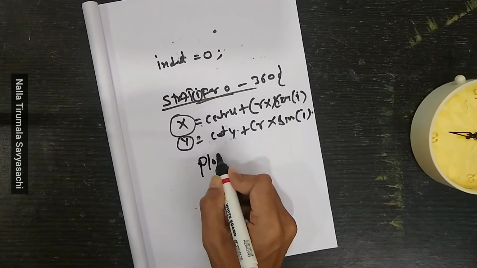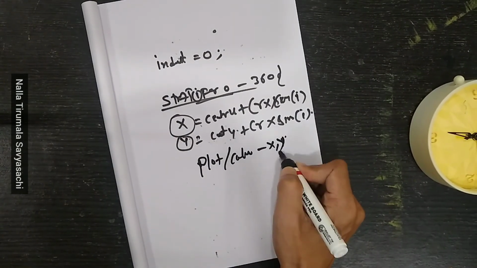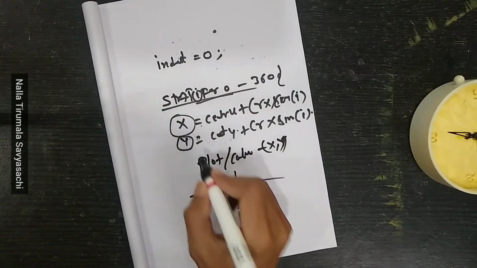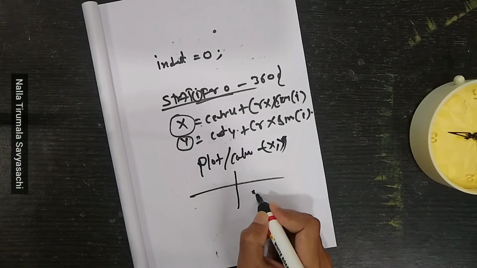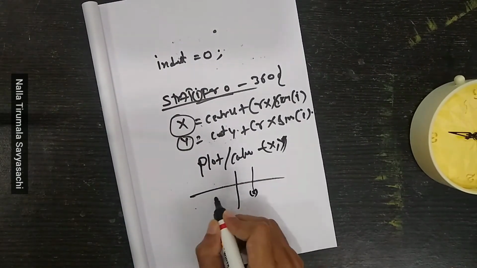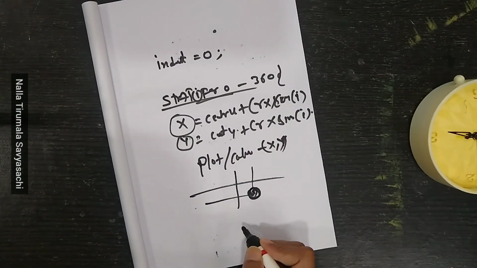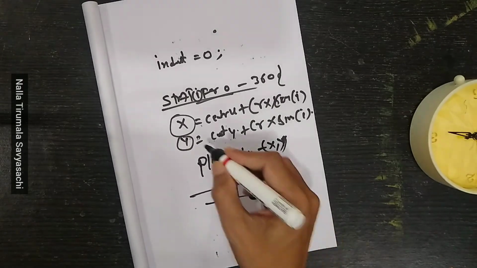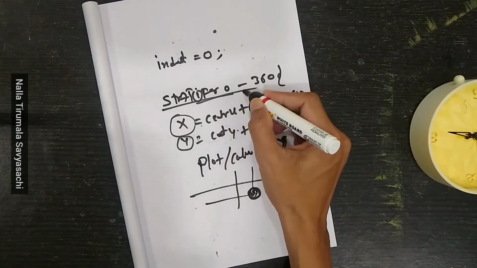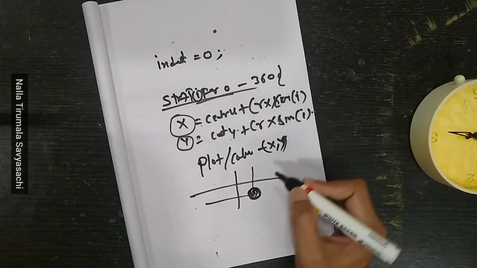Then plot or color the x, y coordinates. That means once we calculate this, I will get x and y value. Once I know this point, I will color this coordinate. We will repeat this plot or coloring for 0 to 360, so i value will change from 0 to 360.